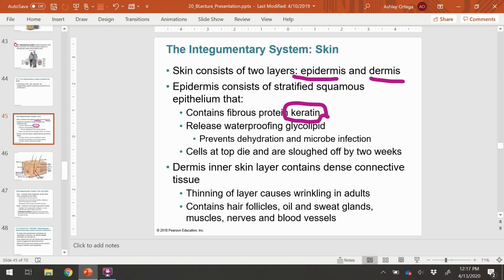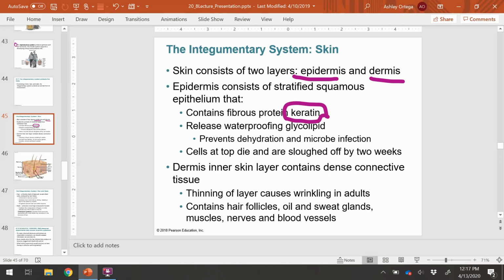Those cells on the top of the skin are actually going to be dead, and then will eventually be sloughed off or removed within 2 weeks. And so every 2 weeks you get a new cell layer on the skin. The dermis is the inner skin layer, and that is going to have dense connective tissue, and it's going to interlock and hold the top layer of skin in place, connecting it to other underlying organs.